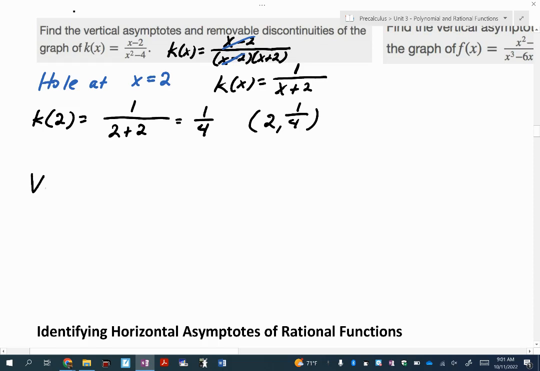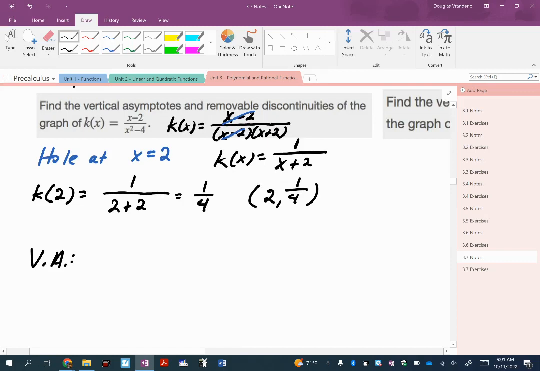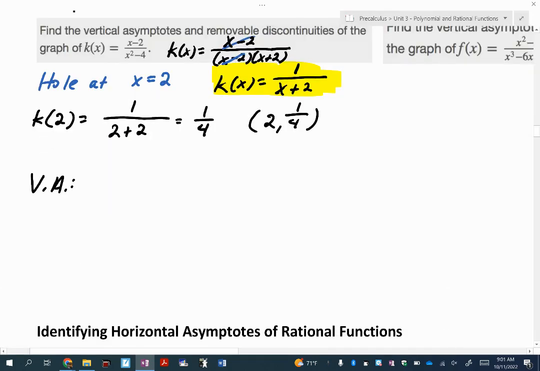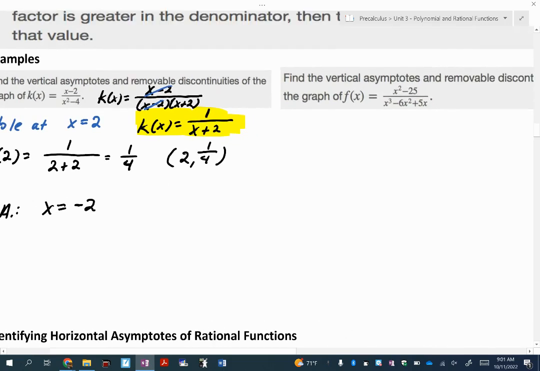Now, in terms of my vertical asymptotes, you can notice that my function, once the holes are gone, is really not a whole lot here. It's just 1 over x plus 2. So whatever makes that denominator 0 is going to give me my vertical asymptotes. That's x equals negative 2. So there's one vertical asymptote and one removable discontinuity.